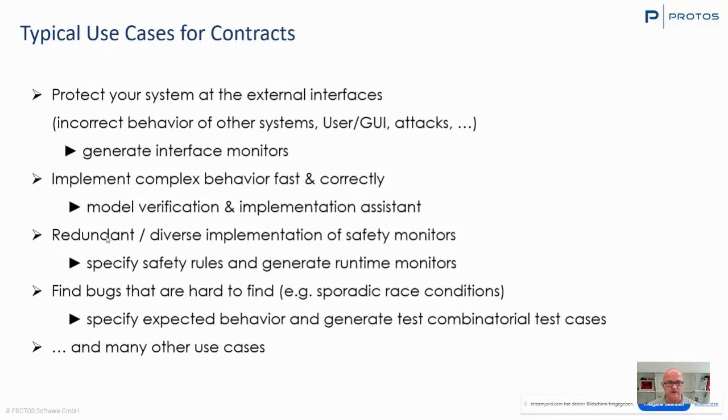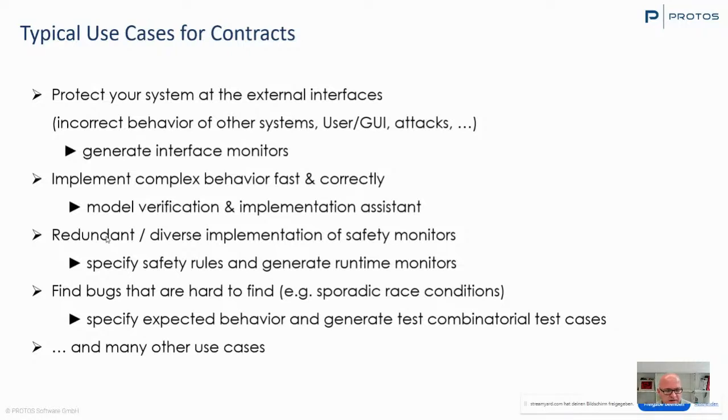And then you can generate the runtime monitors to check all those safety rules during runtime. A very nice formal approach that helps you really to implement high-level safety monitors or security monitors as well.